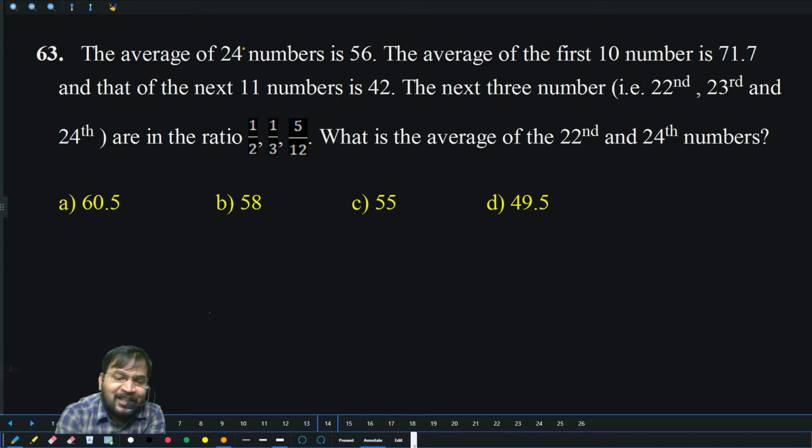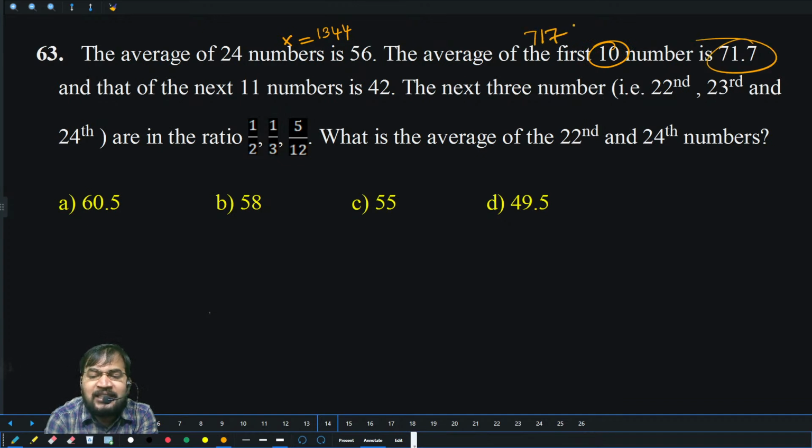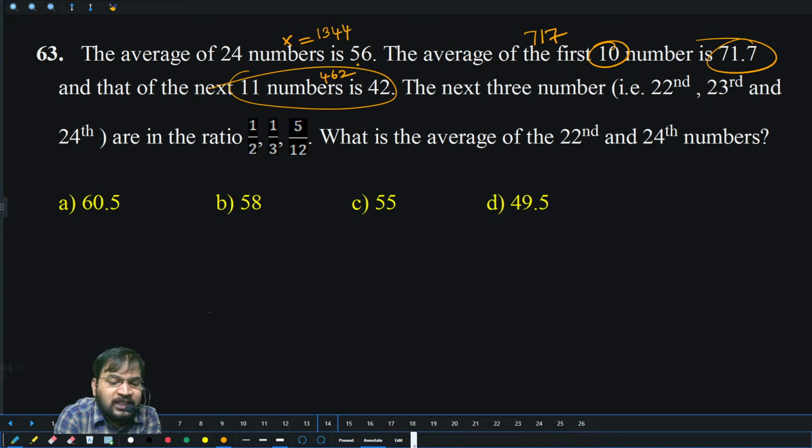24 numbers, 56 times. 24 times 50 is 1200, 24 times 6 is 144, 1200 plus 144 is 1344. 10 into 71.7 is 717. 11 into 42: 42 ten times is 420, 420 plus 42 is 462.